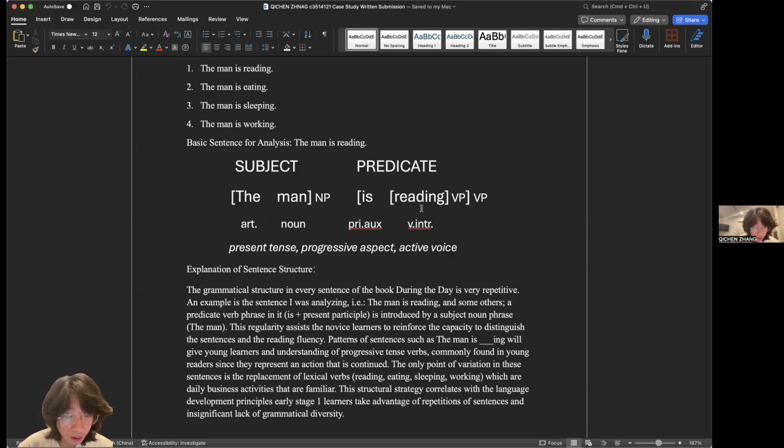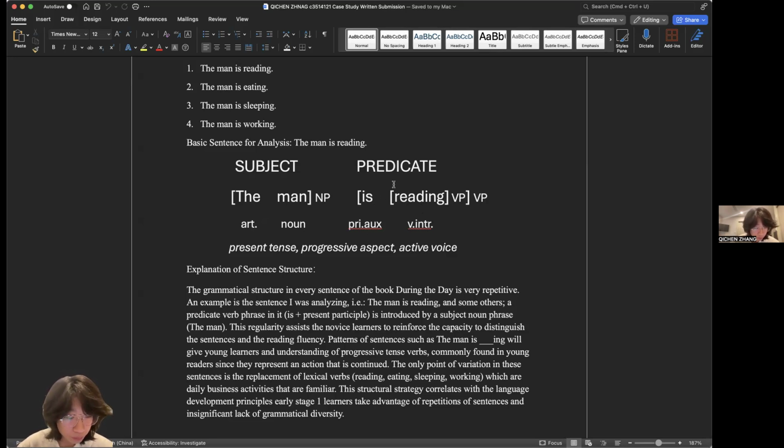The only point of variation in these sentences is the replacement of lexical verbs: reading, eating, sleeping, and working, which are daily business activities that are familiar. This structural strategy correlates with the language development principles: early stage 1 learners take advantage of repetitions of sentences and the insignificant lack of grammatical diversity.